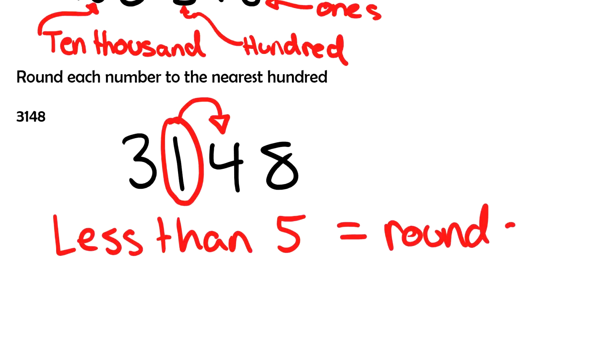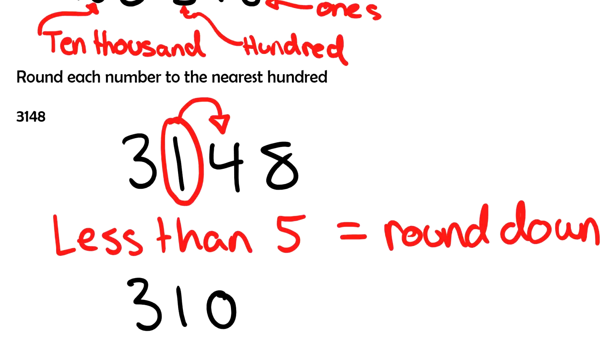What that means is we don't change anything. The 1 just stays as 1. So 3,148 rounded to the nearest 100 is 3,100. To make more sense of this, if we're talking about 3,148, is that closer to 3,100 or is it closer to 3,200? It is closer to 3,100, so it makes sense that we round down.